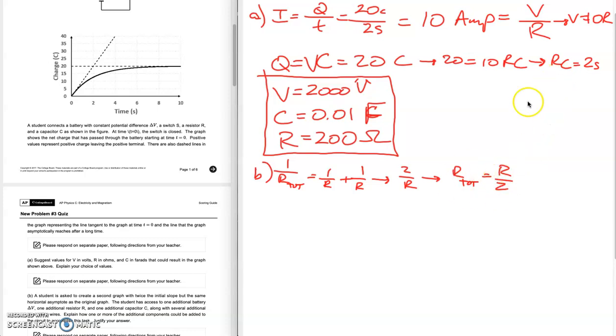Now when we plug that into here, R over 2 will cut this into 1 second. And notice how there are no R's in Q equals VC. So messing with the resistance is not going to mess with the overall charge that we put onto the capacitor, so we will have the same horizontal asymptote. So we're going to need to add a resistor in parallel.